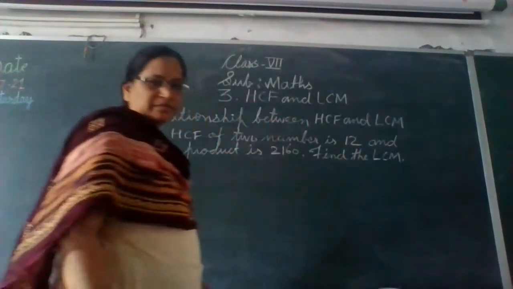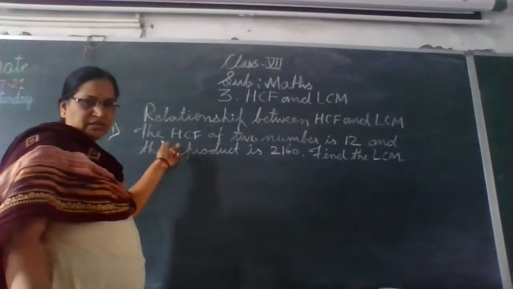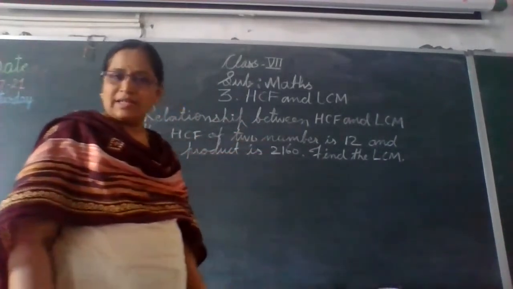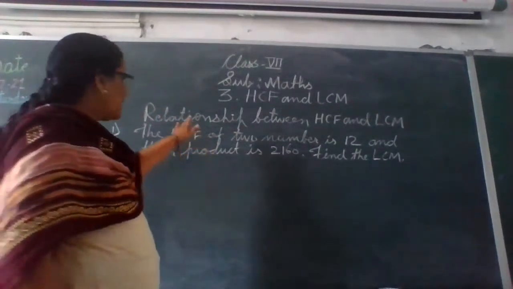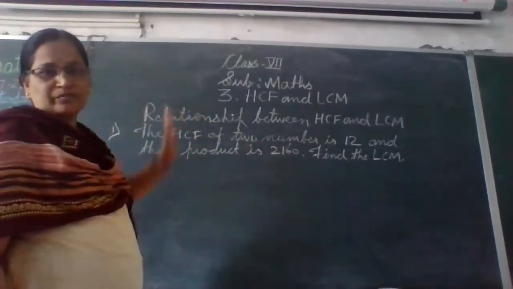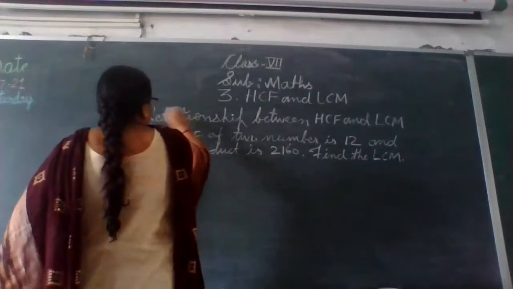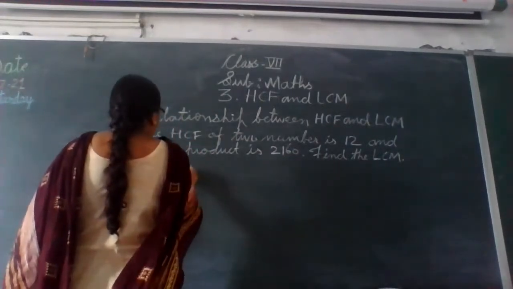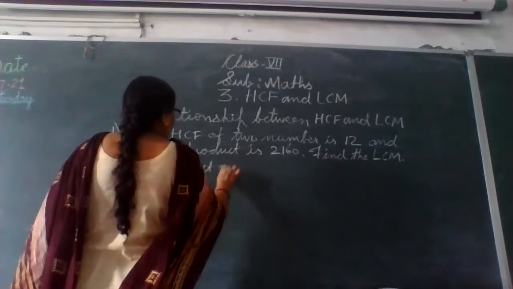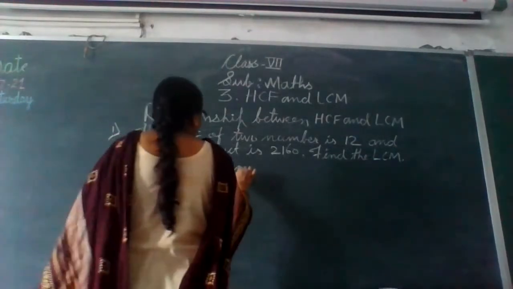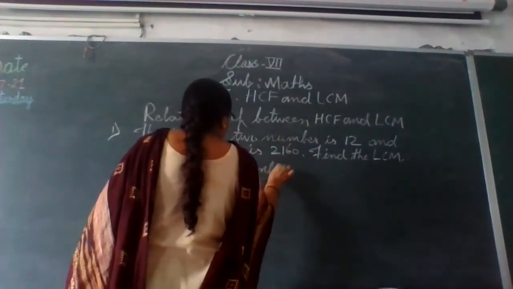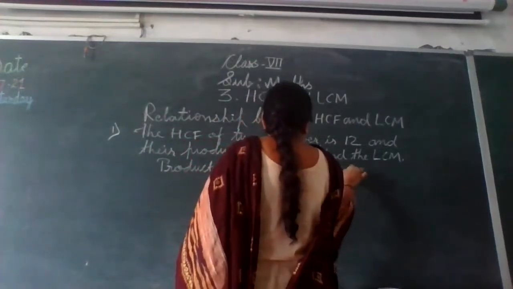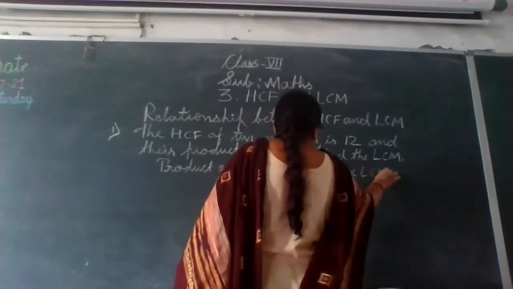Now see, beta, what is given? HCF is given and the product of two numbers is given, and you have to find the LCM. So again we will apply the same relation between HCF and LCM. Product of numbers is equal to the product of HCF and LCM.